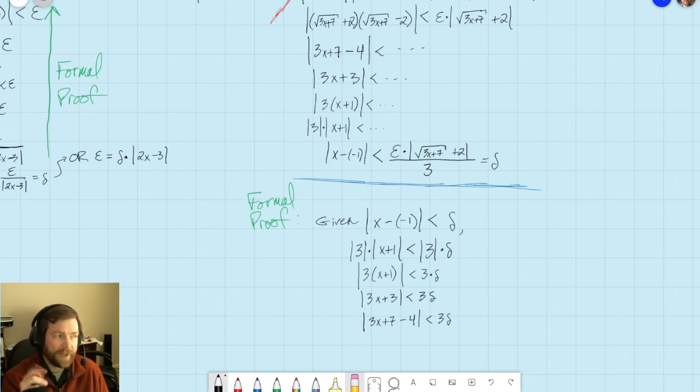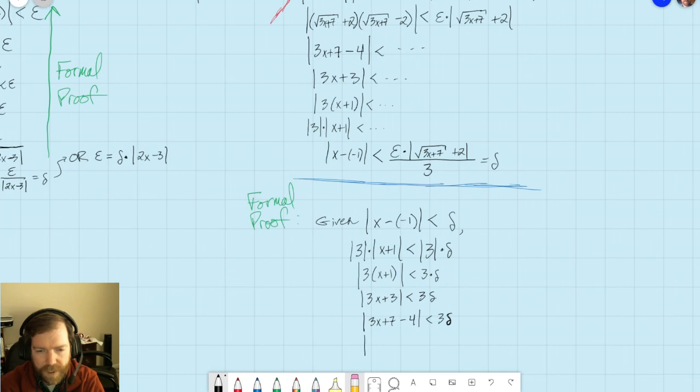One is you can factor. So if we factor this, we're going to factor it as a difference of two squares.